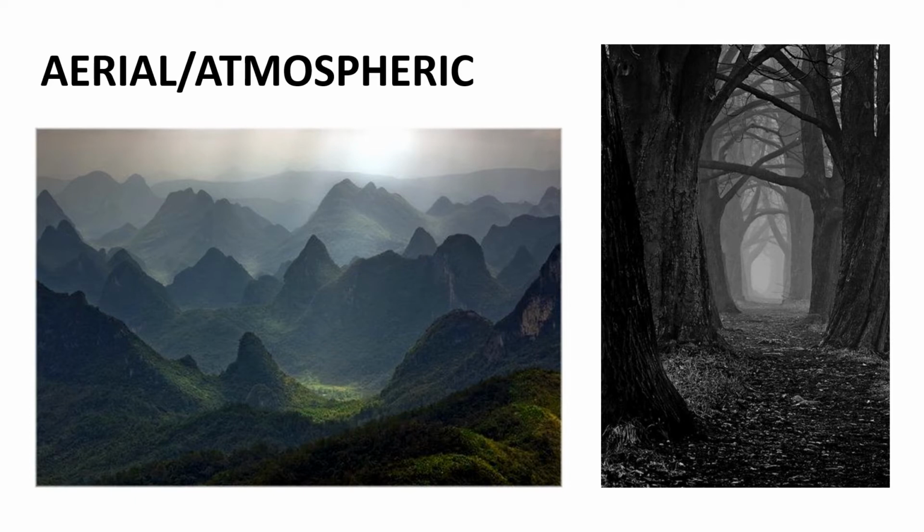And what normally happens is that objects that are in the distance will appear pale and a bit blue, will appear bluer or bluish, so to say. Colors tend to take a cooler side as they get away from the eye of the viewer.